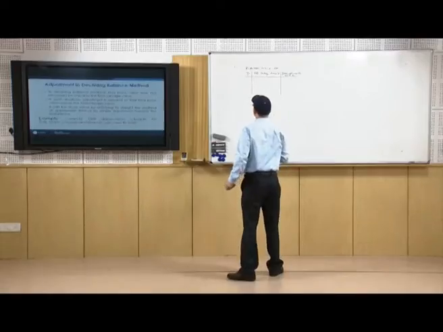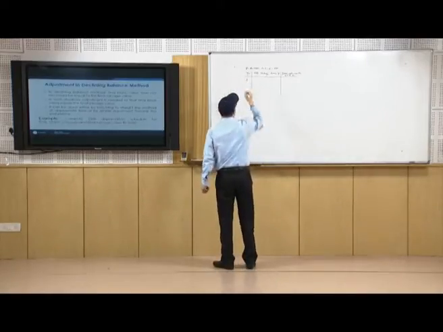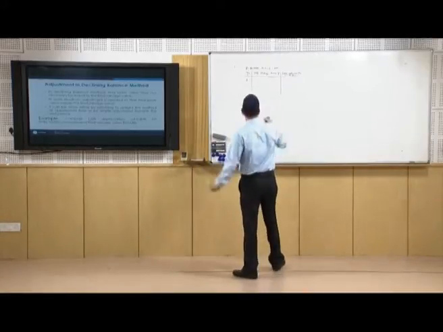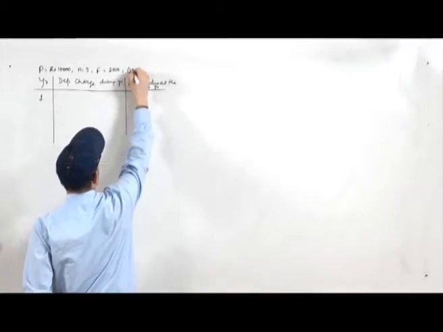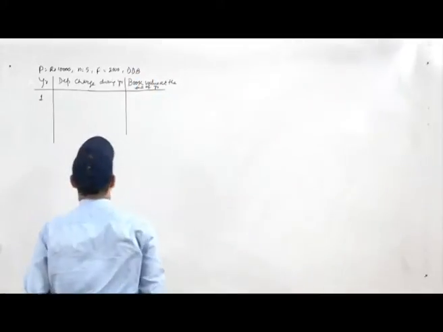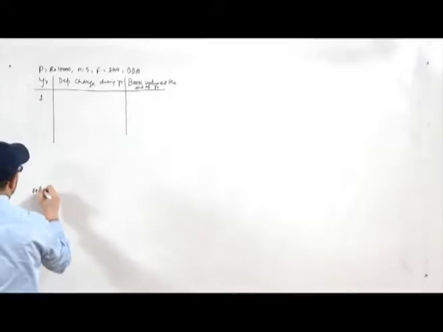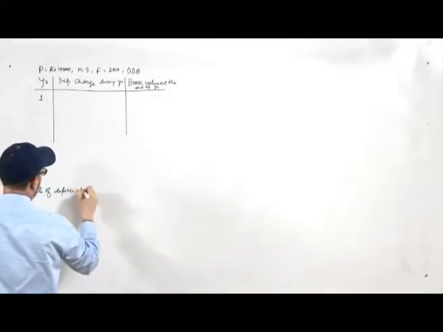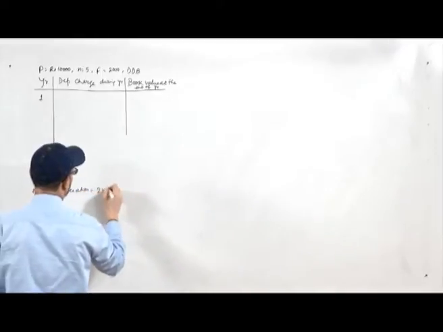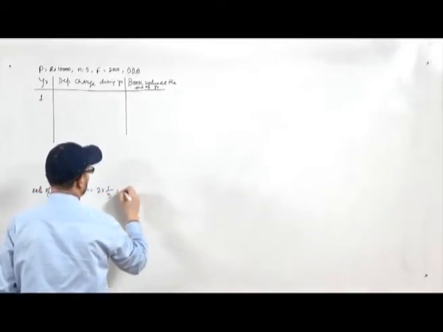So, what we see is in the first year the depreciation charge using DDB schedule. Using DDB schedule your rate of depreciation is 2 times 1 by 5, that is 40%.